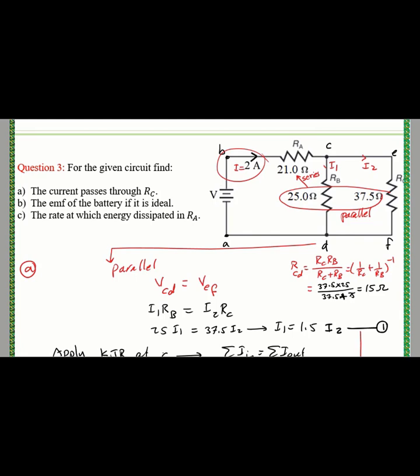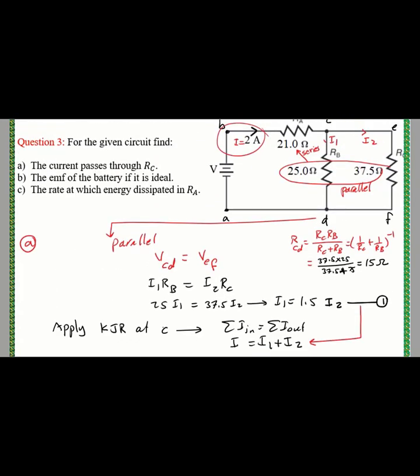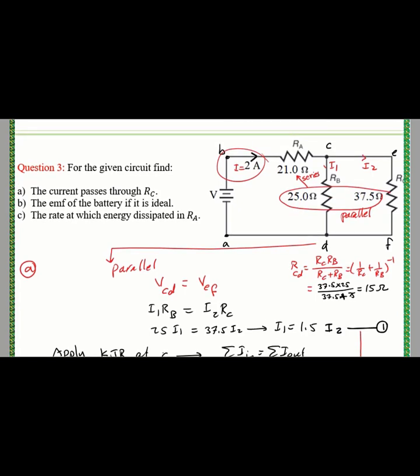You know I1 from this, and you know RB, so you know VCD. VCD is I1 times RB. I1 is 1.2 times 25. Add this with 21 times 2.